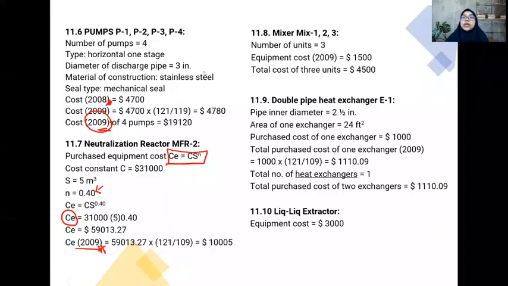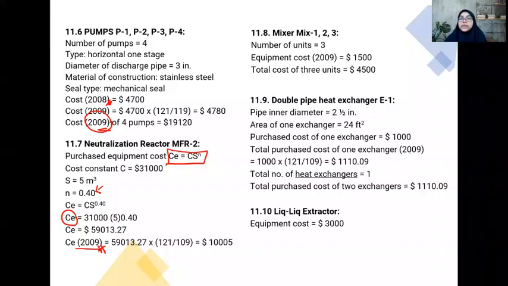And then the next equipment is the mixer. Okay, it has the cost of the mixer in 2009, so we do not require any cost index to estimate. Okay, next for the heat exchanger, another equipment in this example.